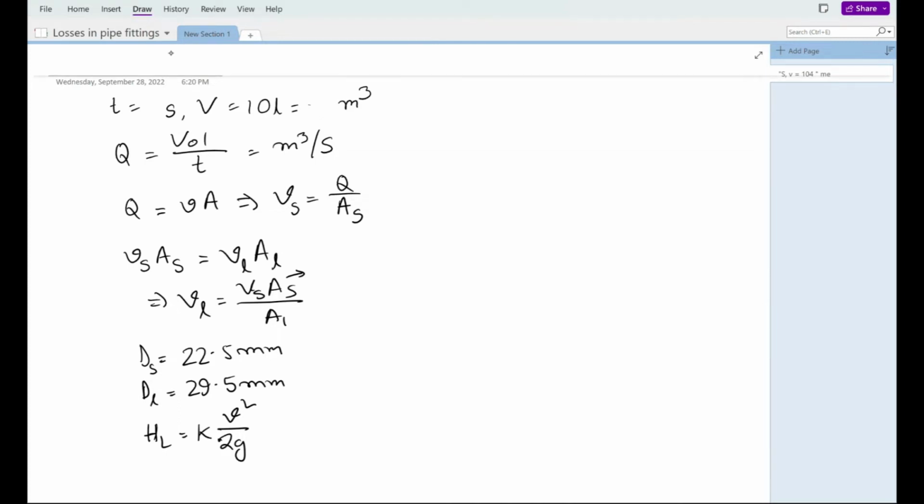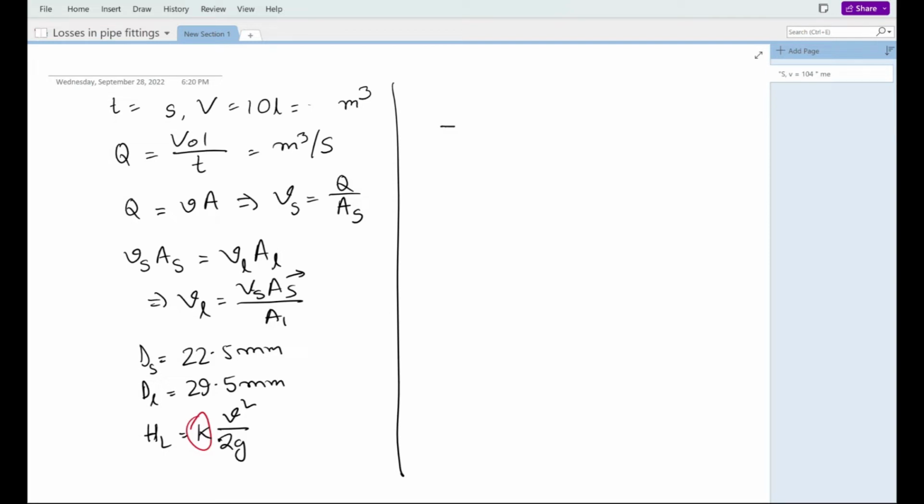Now let's use Bernoulli's equation to find the value of K, right? For miter, elbow and bending, we have the pipe, so we have point 1 and point 2. So this is for miter.